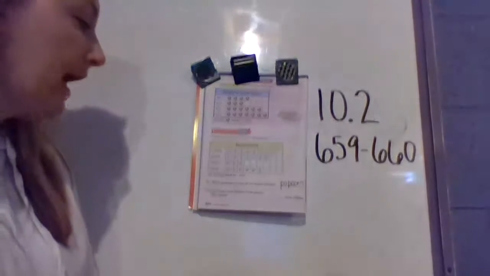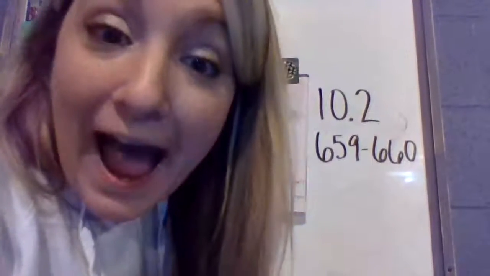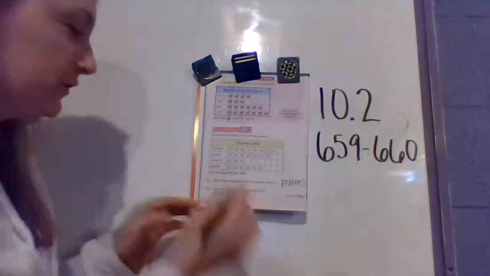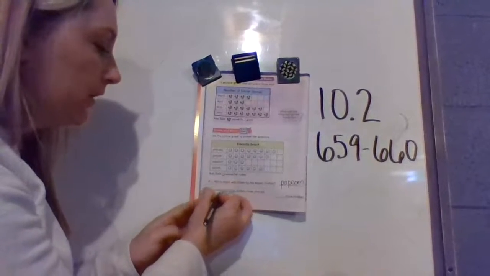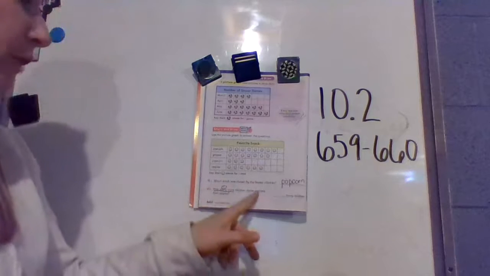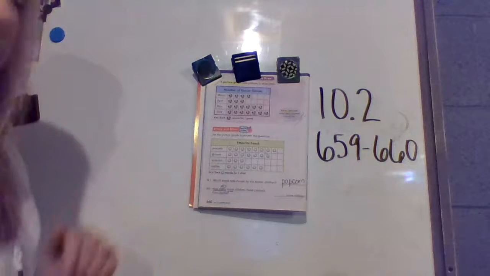Number 2, how many more children chose pretzels than apples? So we saw those key words. So we know we have to subtract the number of apples from the number of pretzels. Let's count how many pretzels we have.